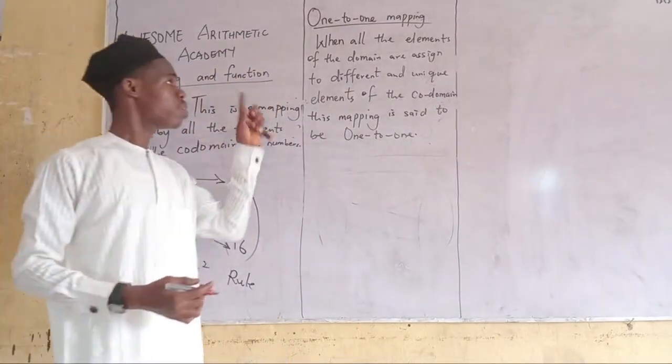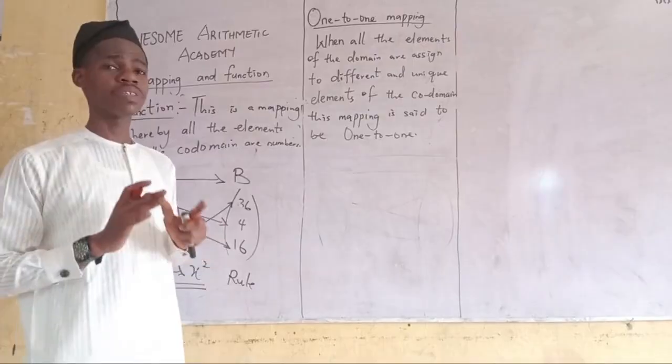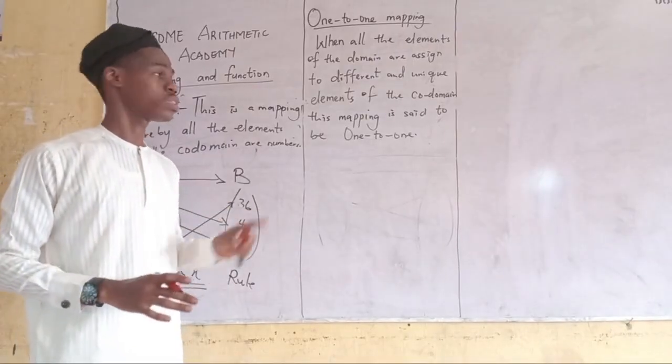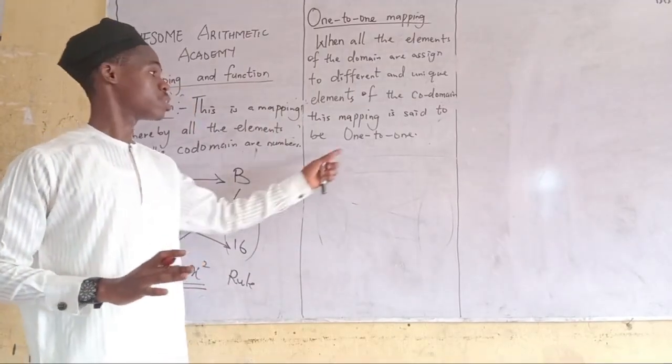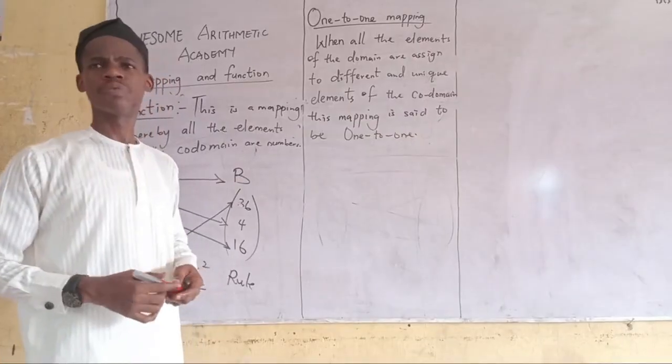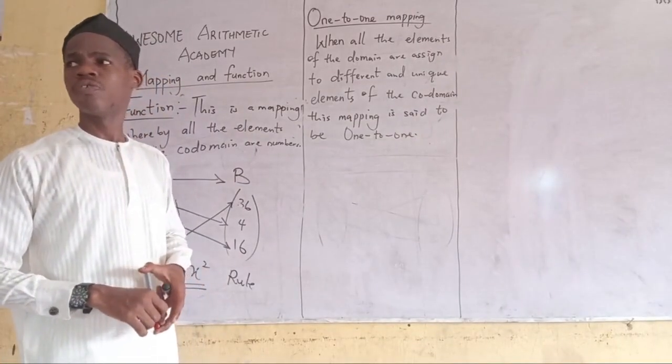So now, all the elements at the domain are having distinct and unique elements at the codomain. So in that case, we call it a one-to-one mapping.